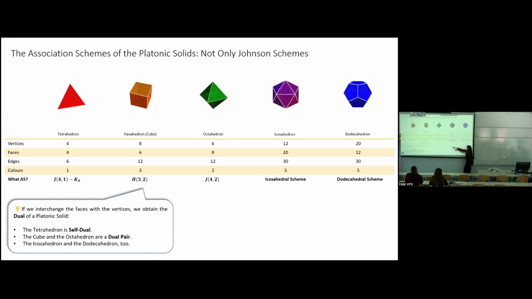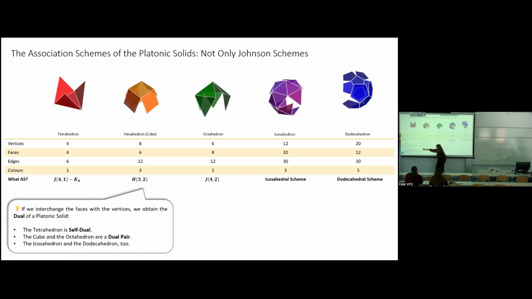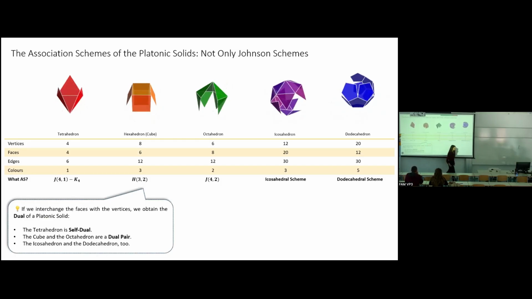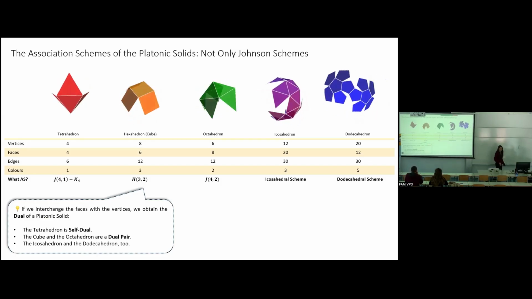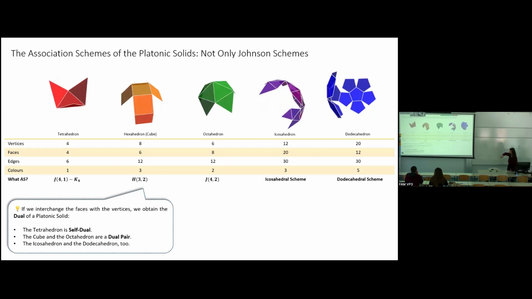The first is self-dual, but here we have the same number if we swap these two. This operation means interchanging places with vertices, and will give us the dual of a Platonic solid. It's still a Platonic solid. So it turns out that the tetrahedron is self-dual, the cube and octahedron are a dual pair, and the same for the icosahedron and dodecahedron. Okay?